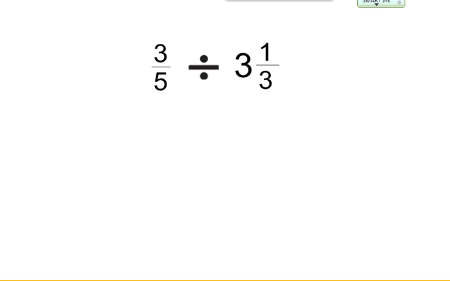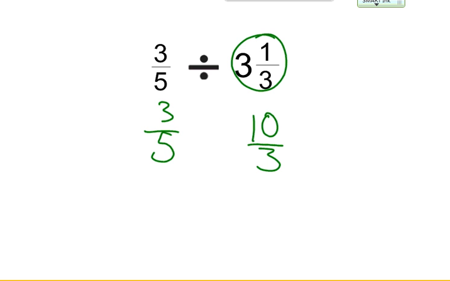Let's try another one. This time we're going to add in division, right? The first thing we have to do is change this to an improper fraction. So 3 times 3 is 9 plus 1 gives us 10/3. So we have 3/5 divided by 10/3. Now this is where the warning comes in.